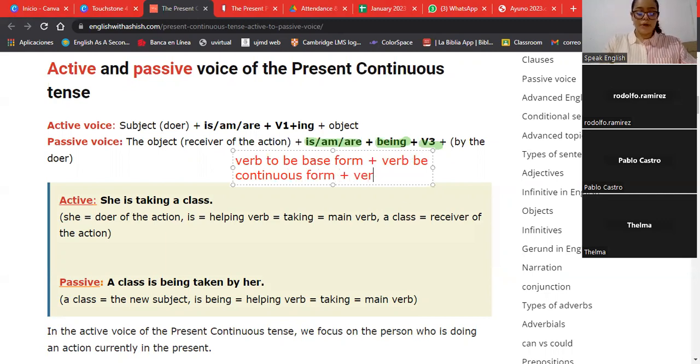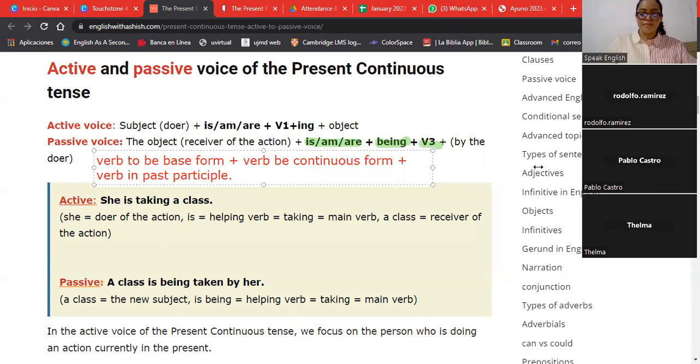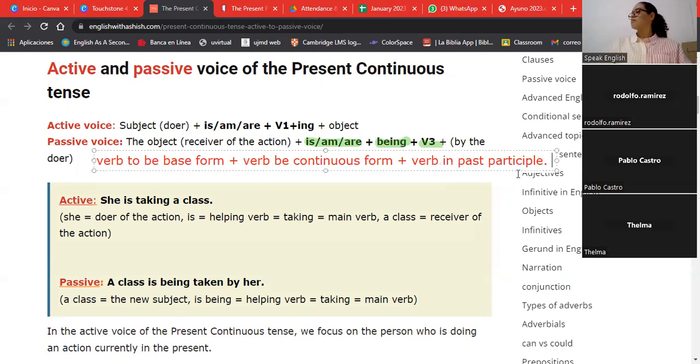Please take note and let me know when you finish. And on top or at the bottom, remember to put the passive of the present continuous.